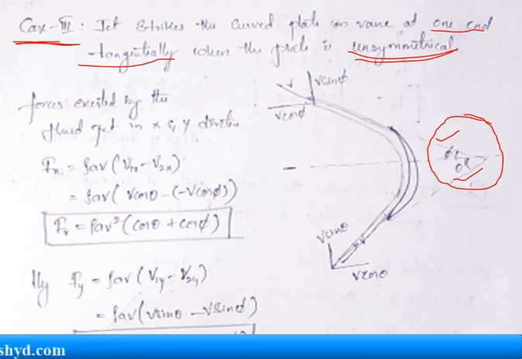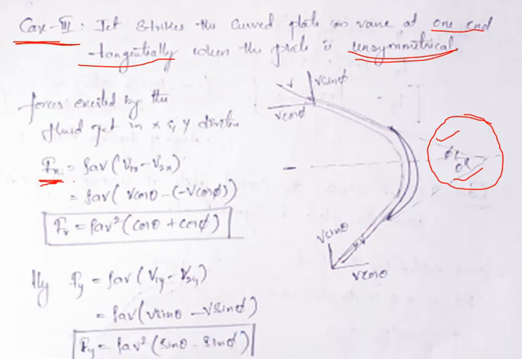In the same way, apply your impulse momentum principle or equation. That means the force in the x direction equals mass per second, which is rho a v, times the velocity at the initial stage minus the velocity at the final stage. And now the velocity at the tip of your vane, in the x direction, is v cos theta, and this is v cos pi.